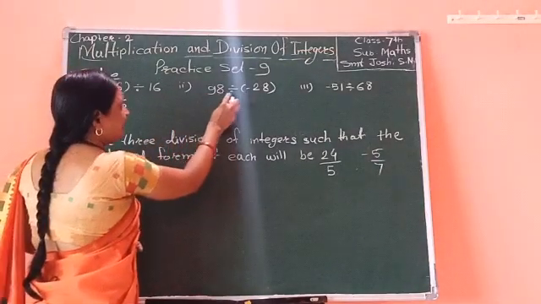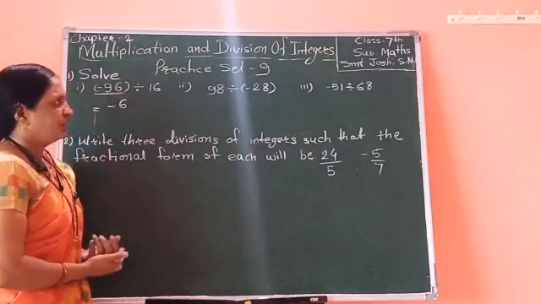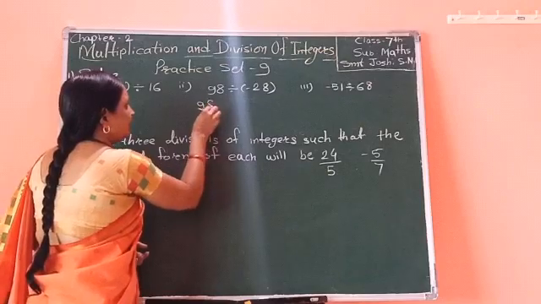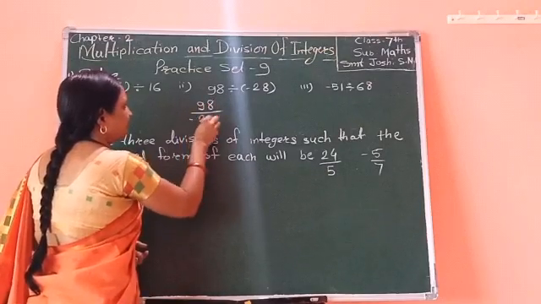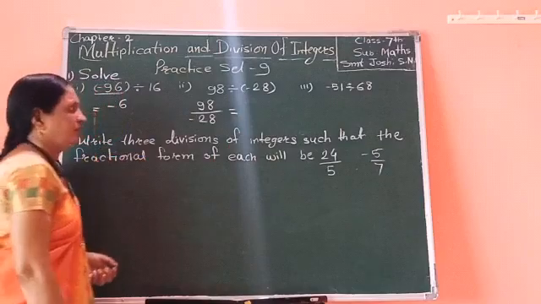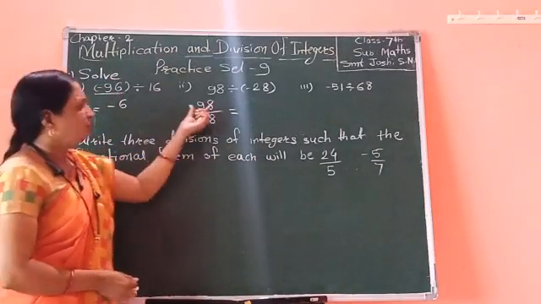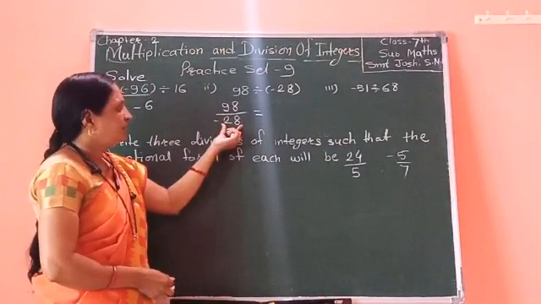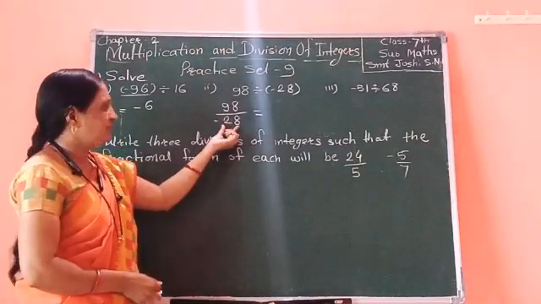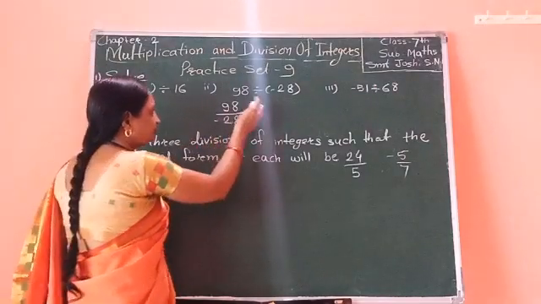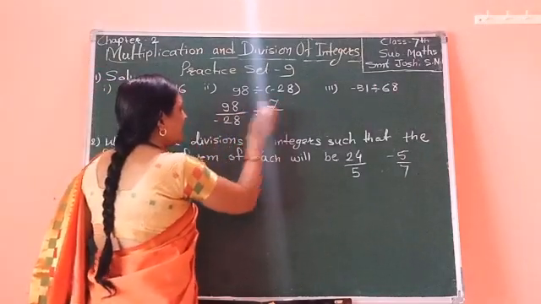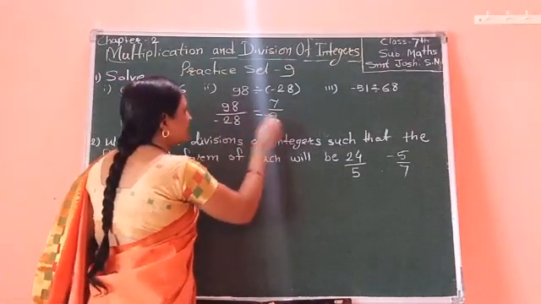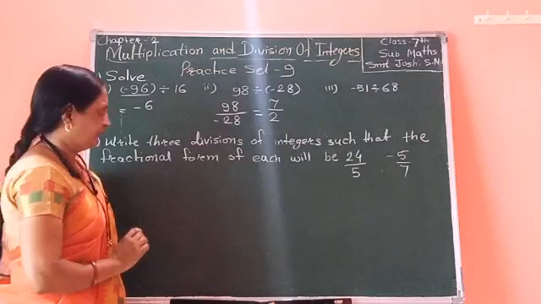Second example, 98 divided by negative 28. This example can be written in this form. In which table do these two numbers come? In the 14th table. 14 7s are 98 and 14 2s are 28.